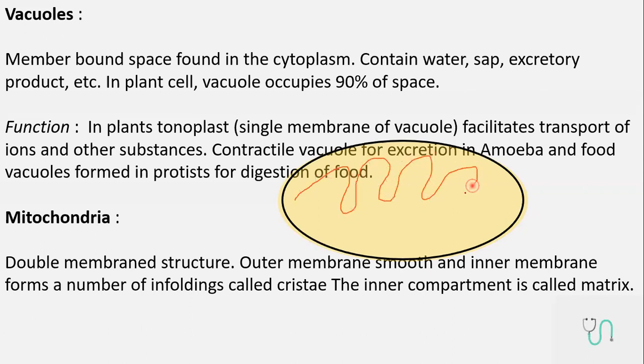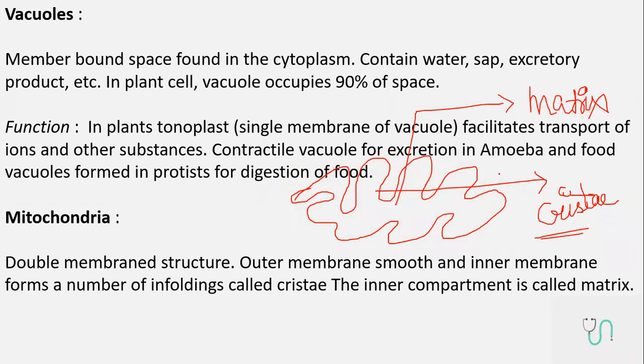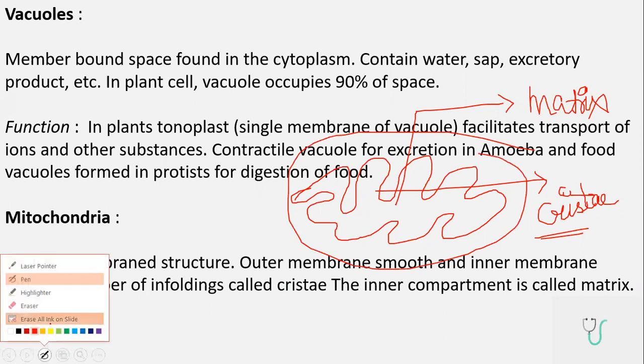If you check the mitochondria, it is like this. These infoldings of the mitochondria you will call the cristae. And the inner compartment you will call the mitochondrial matrix. Is it clear for everyone?